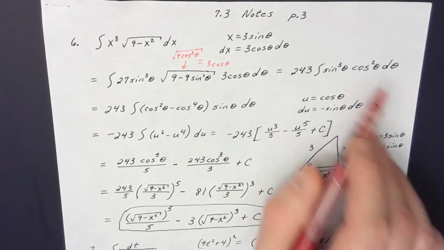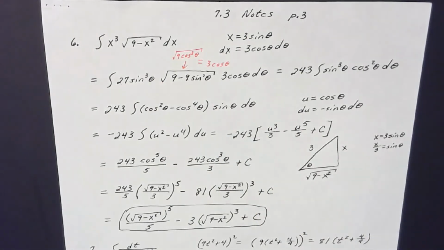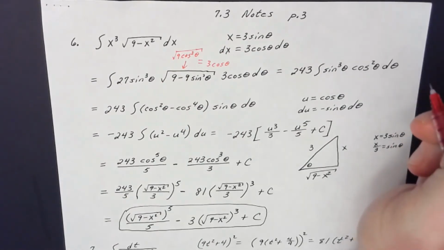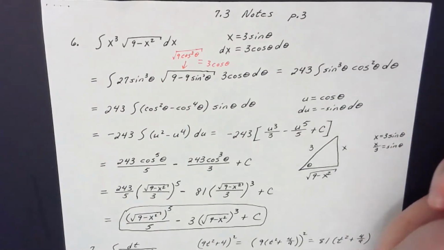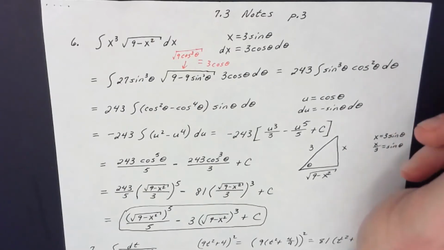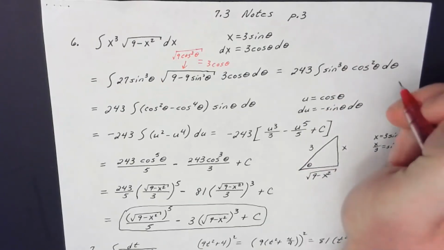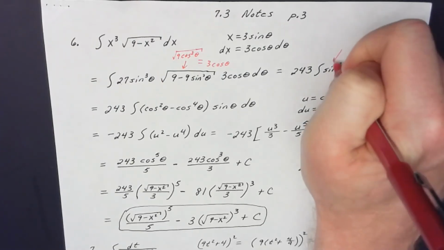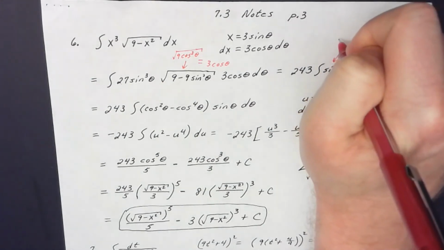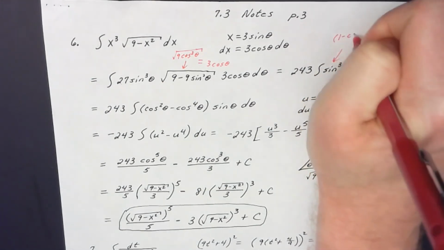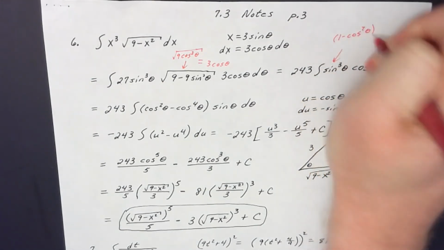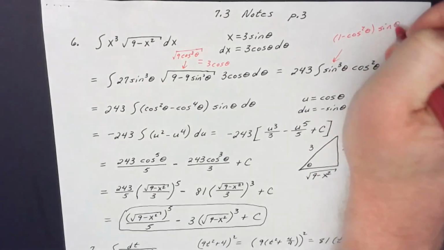As soon as you see that sine cubed cosine squared, you should be thinking, fantastic, because if you have an odd power of sine, cosine, tangent, or cotangent, it can be simplified out. So instantly what I did here is I said, well, I can call this sine cubed theta, sine squared theta, which is 1 minus cosine squared theta, times the sine of theta.